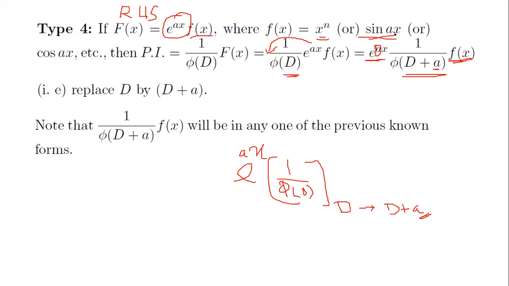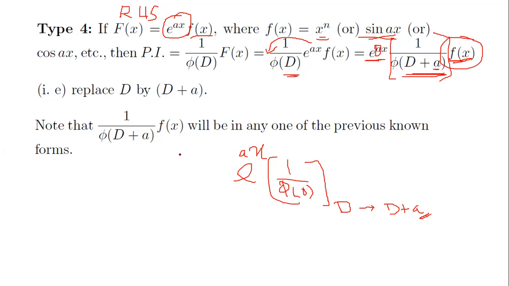You know how to solve trigonometric and algebraic, so after that we can easily do it. Only you have to pre-multiply with e power ax. That's all. The remaining procedure is the same. Once you substitute D tends to D plus a, then the e power ax part is over. Afterwards you have to apply F of x in this denominator.